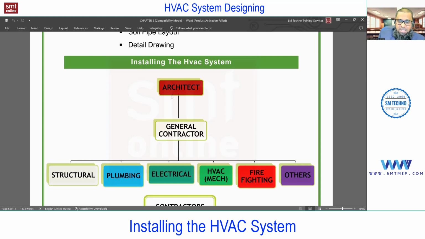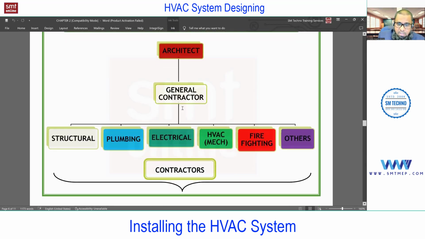Now assume that the design consultant completes the design, and the design drawing is submitted back to whom? The main contractor. Now the main contractor will provide this drawing to whom? The subcontractor. So assume that the architect at this level is providing the information and drawings to the general contracting company, and the general contracting company will provide the drawings to the subcontractor.